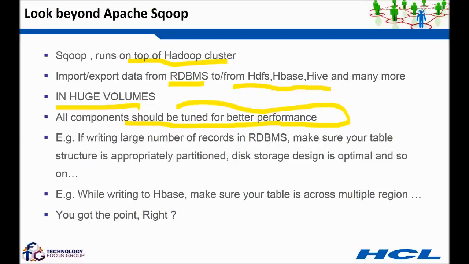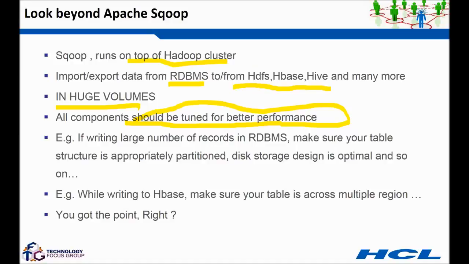It's not that with just some of the tips we have discussed so far, your Sqoop will automatically be faster. Yes, it will be, but there are components in the overall ecosystem which need to be tuned as well when you are running Sqoop.